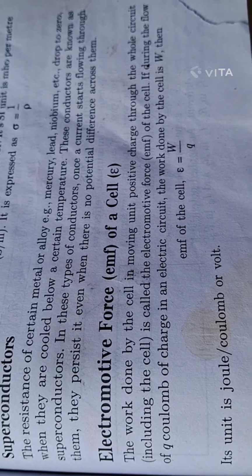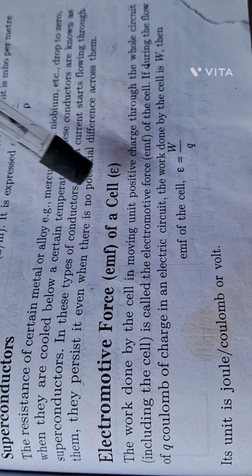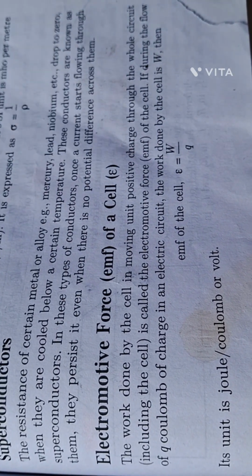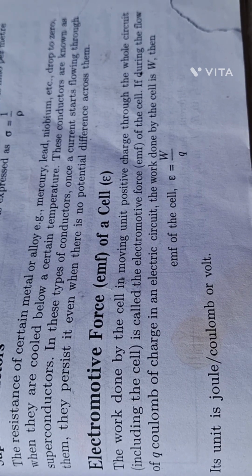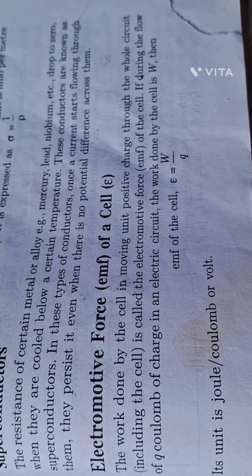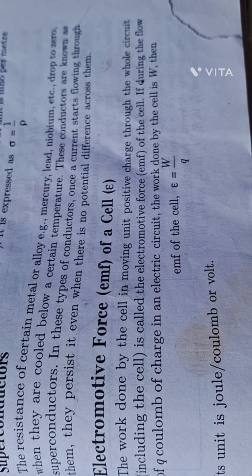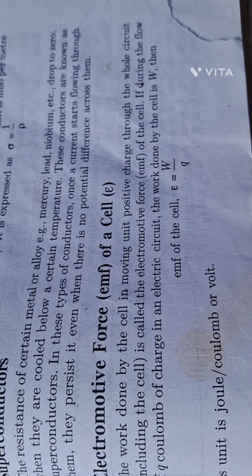Okay. EMF. What is EMF? See, it is the work done by the cell in moving a unit positive charge. EMF is equal to terminal potential plus voltage drop. What is the terminal potential, you will ask? Now the terminal potential is that which goes from the positive terminal of the battery to the negative terminal, and you know that current only conducts when there is a potential difference.